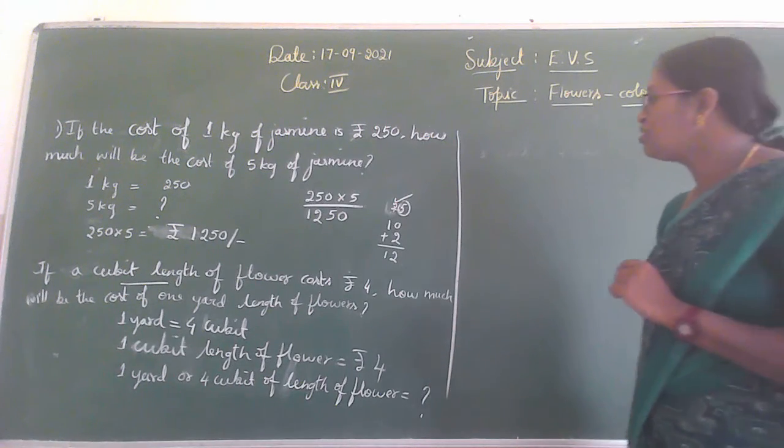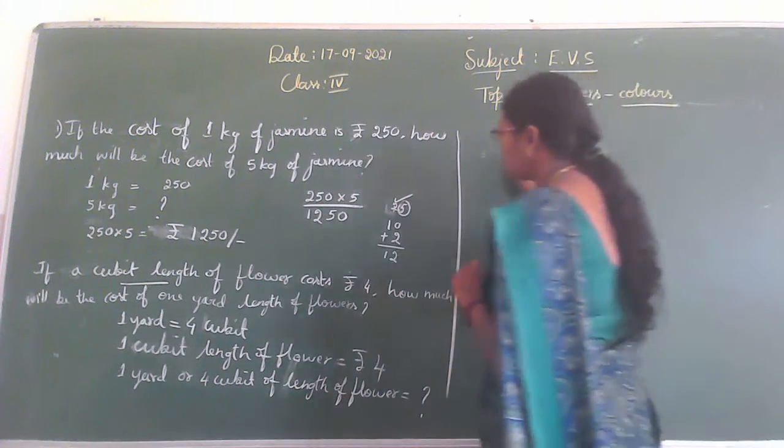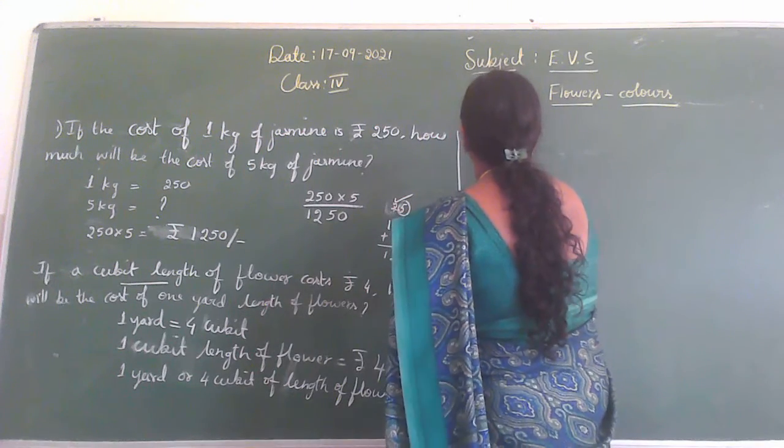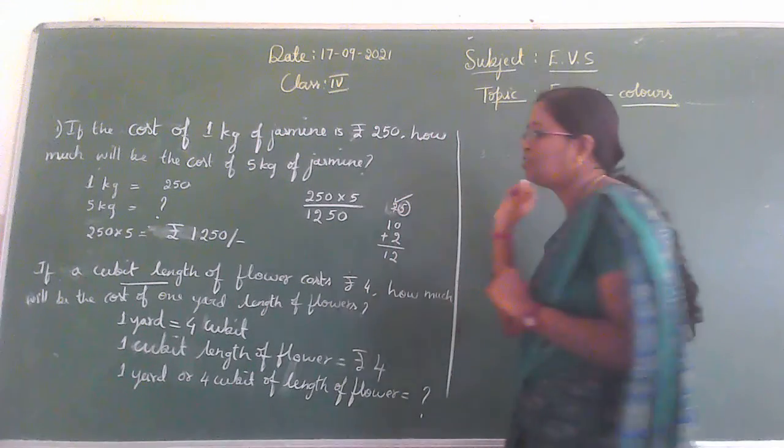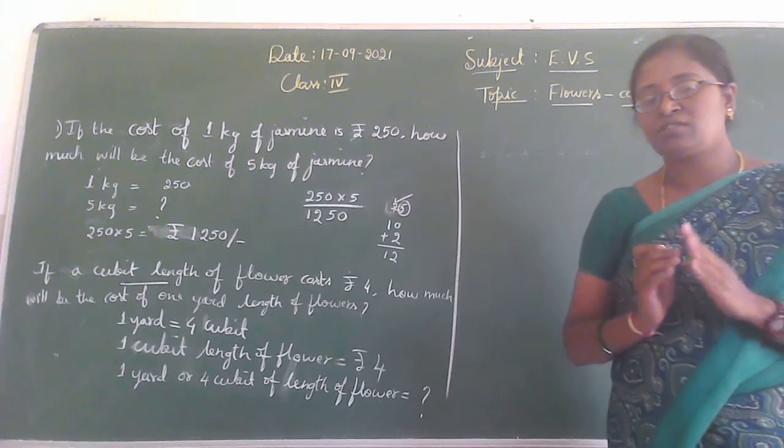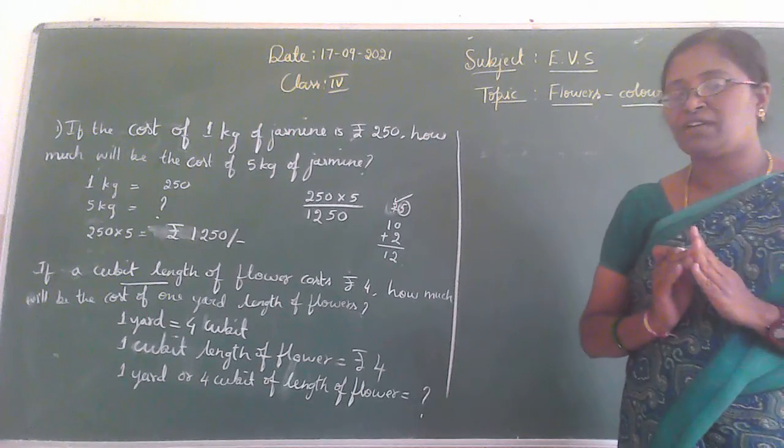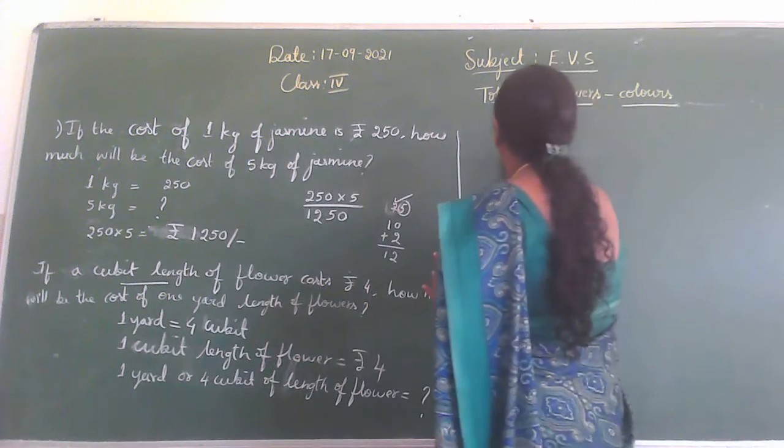Is it, children? So then next step is we need to write like this. For 1 cubit, how much is the cost of 1 cubit length of the flower? Yes, 4.